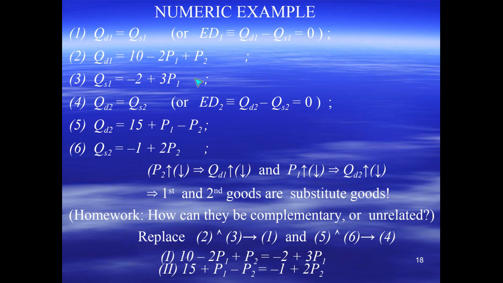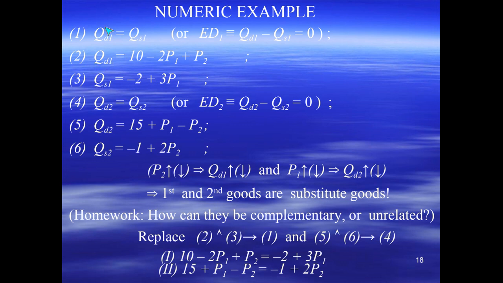Whether it is coffee or tea, the vendor can be a coffee drinker or tea drinker, but when he sells them, he would be willing to sell more of the one which has a higher price, or whose price augments. That's why they are substitutes for the supply.